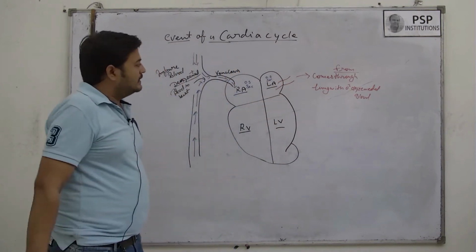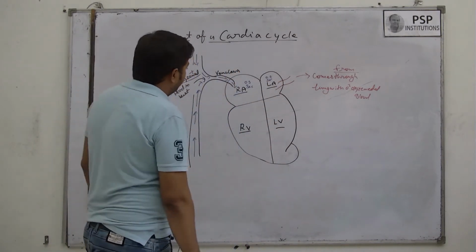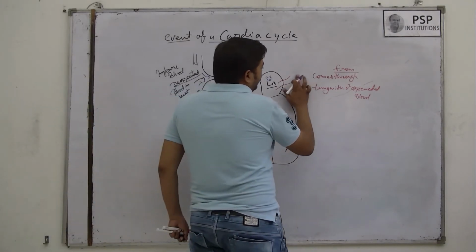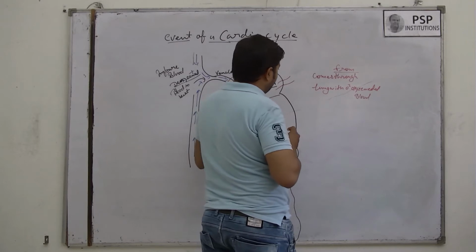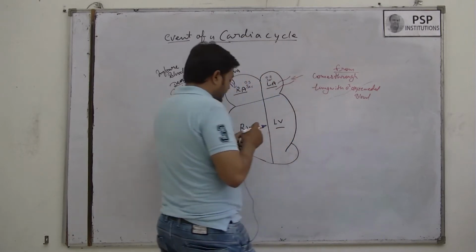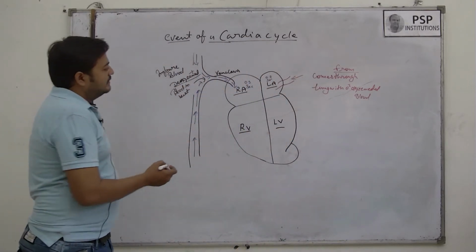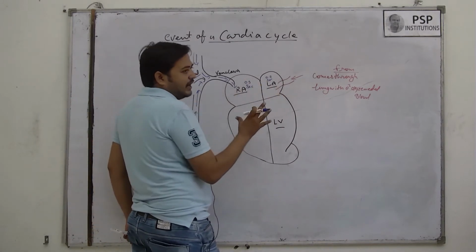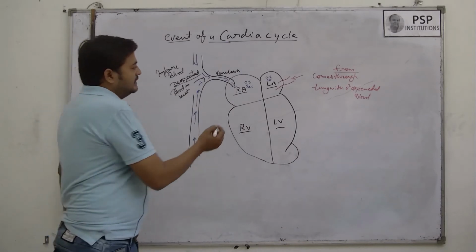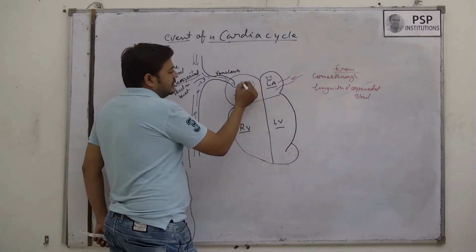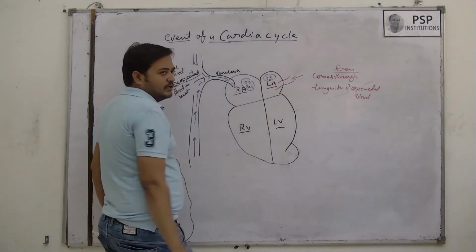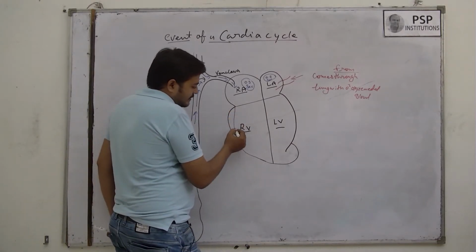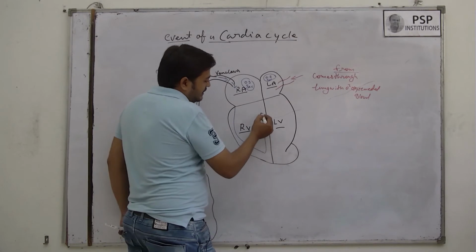Okay, so now we are moving forward. If we discuss further, when the right atrium and left atrium are full, in that 0.3 second both are in relax mode, and at that time the ventricles are also in relax mode.